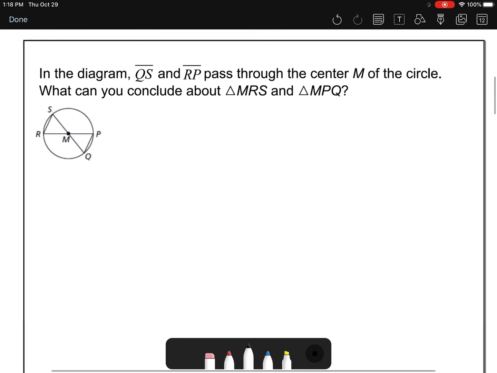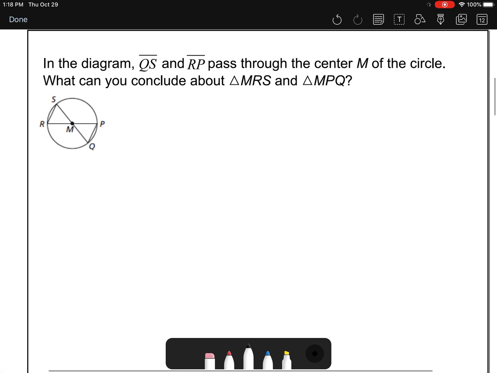So if you look at this problem, it says in the diagram, segment QS and segment RP pass through the center M of the circle. What do you call QS and RP? Those are called diameters.